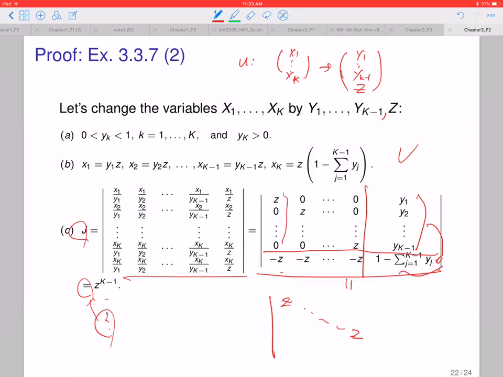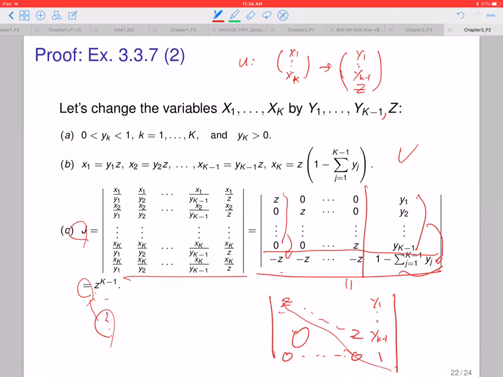And the sum of this is equal to this, and then you just take the 0 and 1, and Yk minus 1. So the determinant is this one, and this is all 0 here, right?